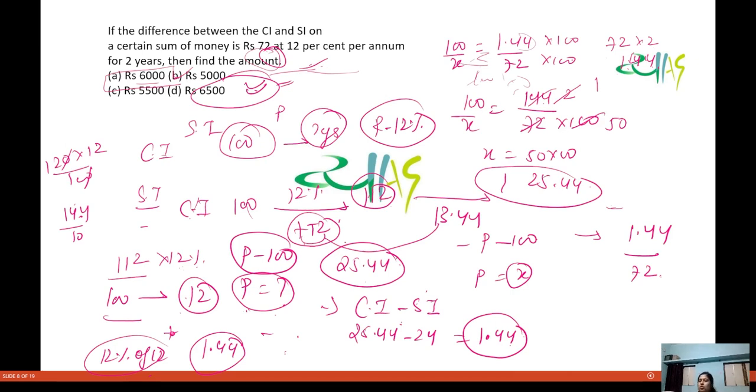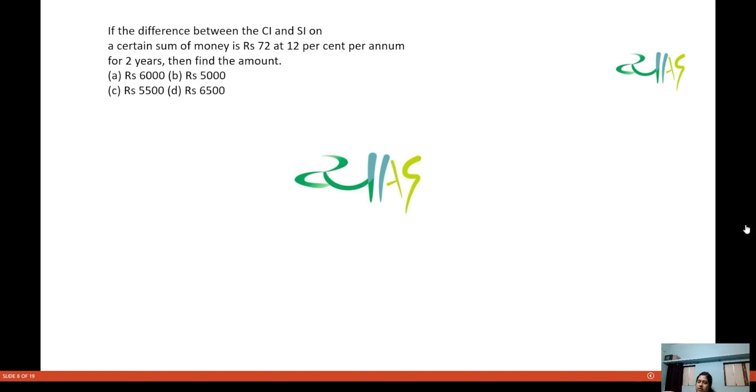And I don't want you to over-focus on the calculation part in the UPSC, because if you have seen the CSAT paper of previous years, it was more of an application of the brain than focusing on the calculation. Let us understand this process once more so that it is very clear for you. It is saying that the difference between compound interest and simple interest is 72.